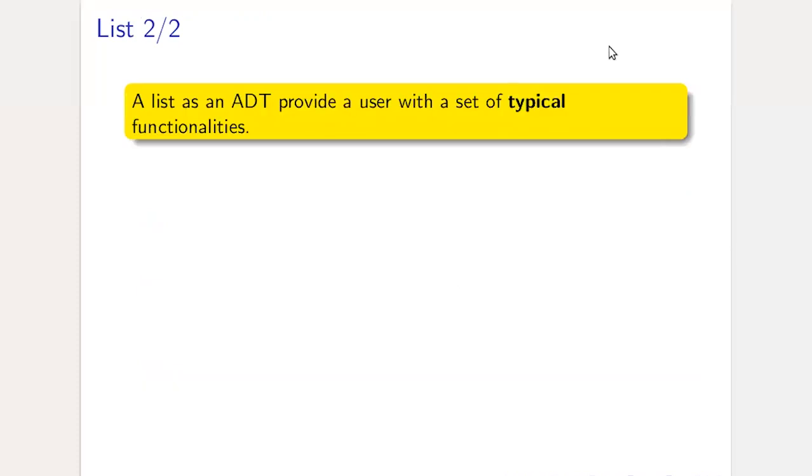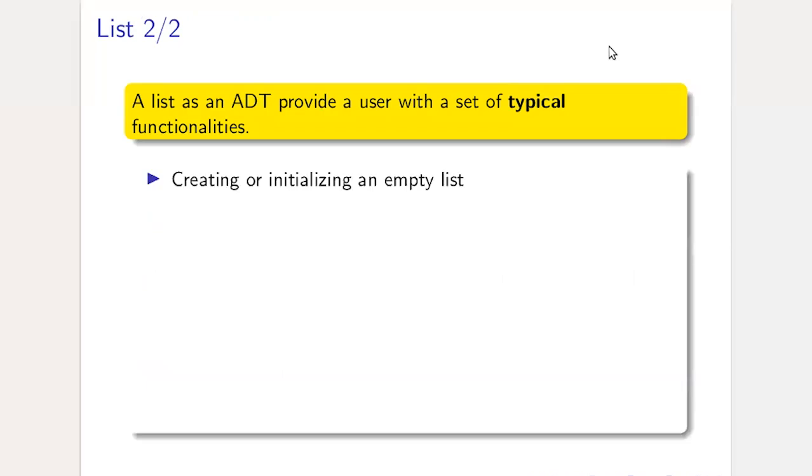So as in every abstract data type, list also has this set of what we call typical functionalities. Obviously, we will have to create a list. So there must be a function or a method to create such a list. And when you create a list initially, that would be an empty list. But after you work for a while with the list, there will be values in the list.